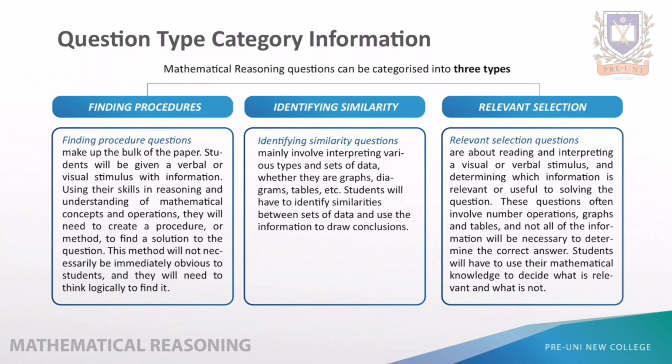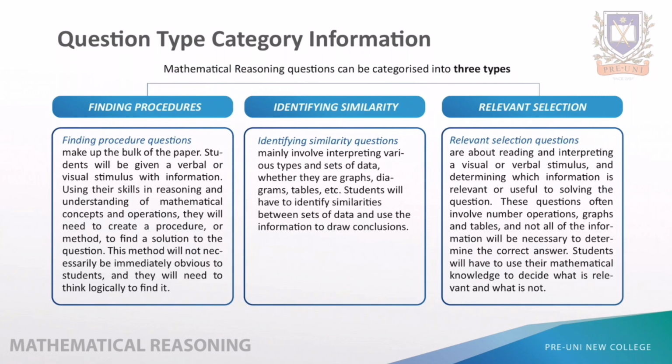The second type, identifying similarity questions, mainly involve interpreting various types and sets of data, whether they are graphs, diagrams, or tables. Students will have to identify similarities and relationships between the data and use the information to draw conclusions.